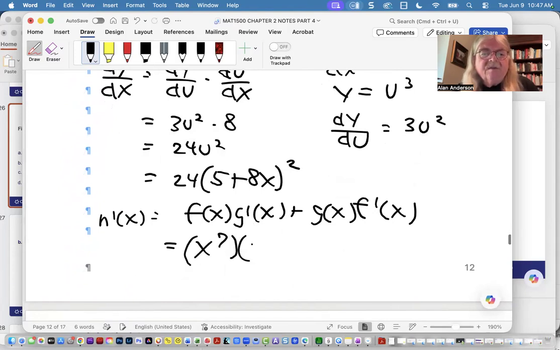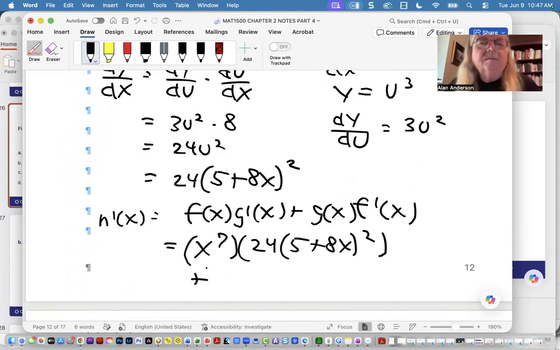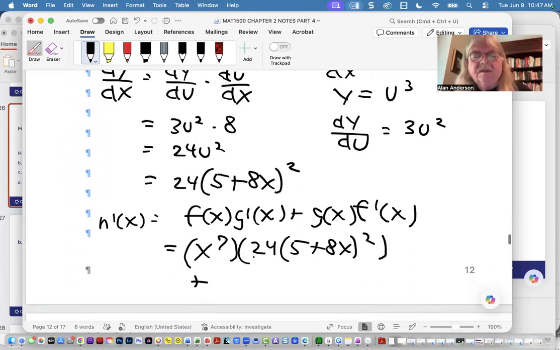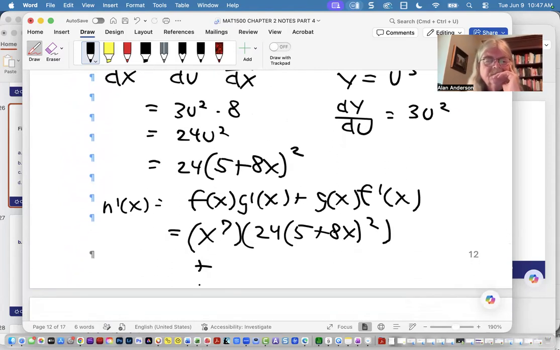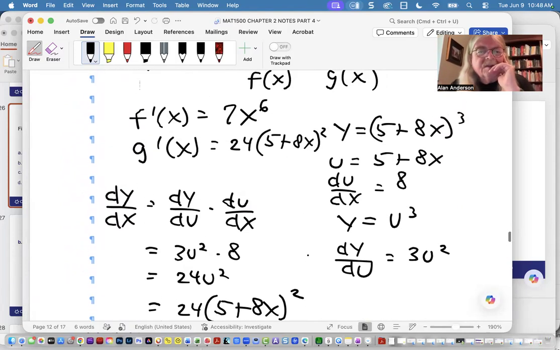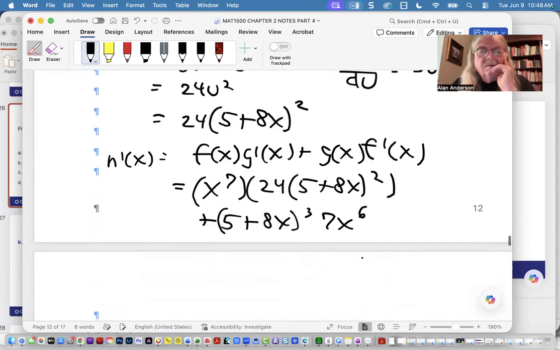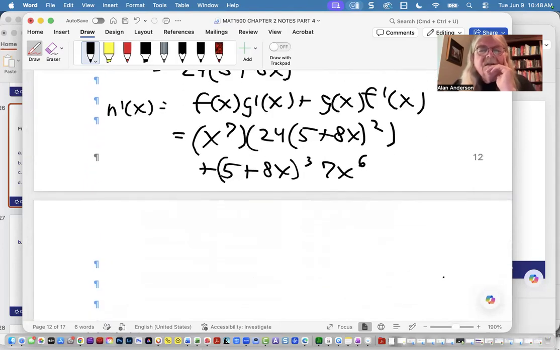Then we have this g prime of x, 24 times (5 plus 8x) squared, plus (5 plus 8x) cubed. And f prime of x, remember, was simply 7x to the 6th. Oh my God, what a mess.